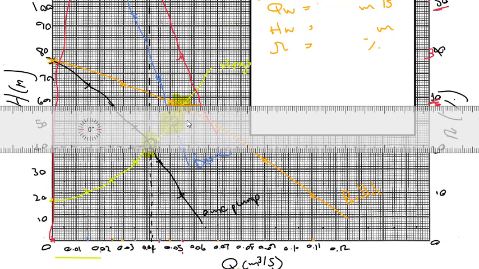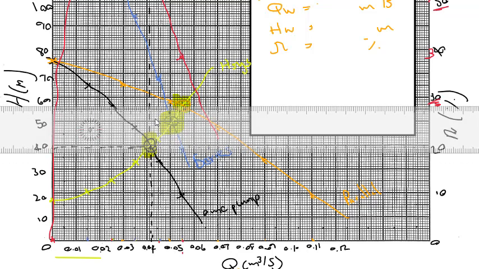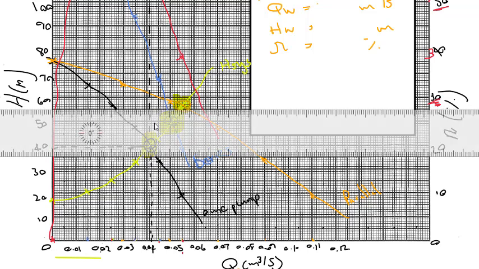This point here. Okay. So let's see what the head value is and what the discharge value is that we can read off from this working point or duty point. If we look closely, it should lie somewhere close to 55. So if you plot it correctly, yours should have ended up at around 55 meters.